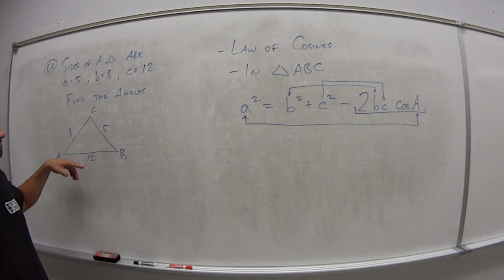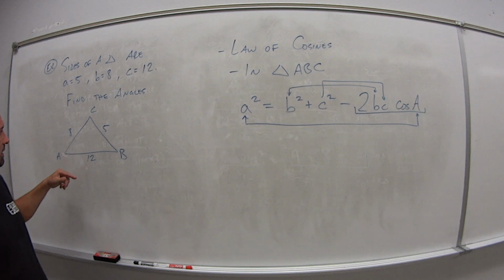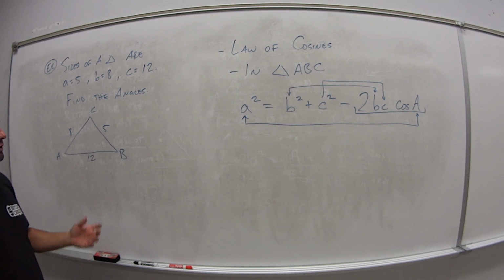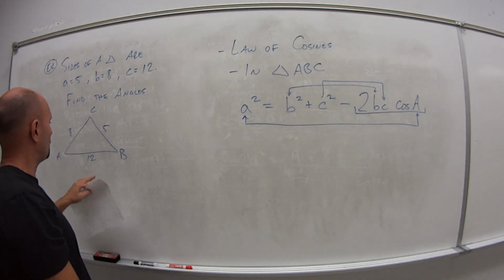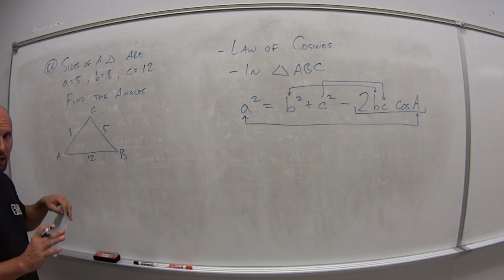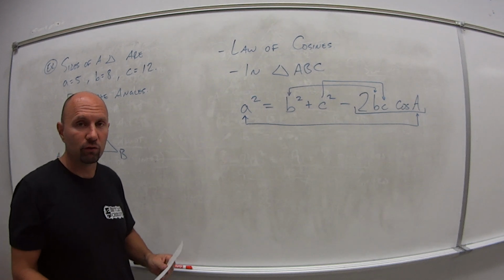Now let's just figure out angle A. It's alphabetical, so you could figure out whichever one you want. I'm given three sides and not given any angles, so I can't use the law of sines here.